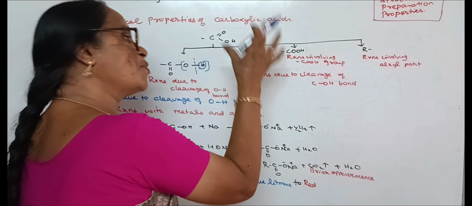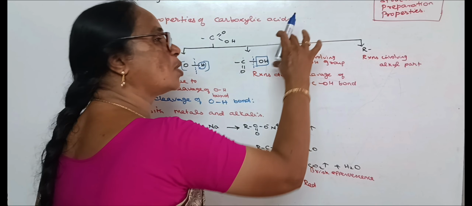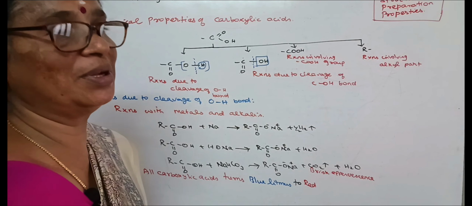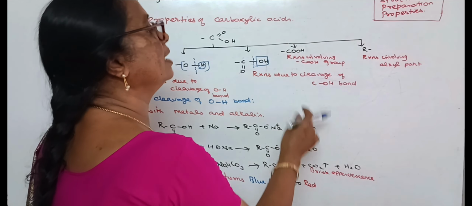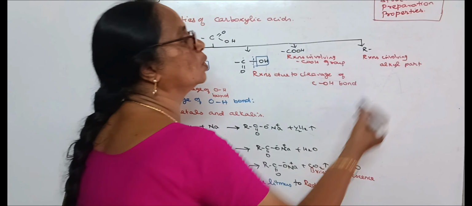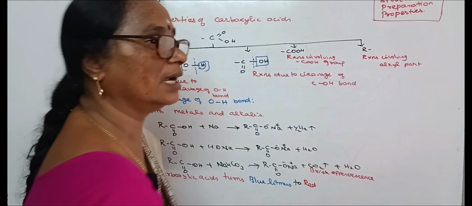Or the compound may undergo reactions involving the carboxylic group itself, where it forms the hydrocarbon, that means the decarboxylation reaction. Similarly, the alkyl part of the carboxylic acid may also undergo chemical reaction. So we have reactions involving the alkyl part.